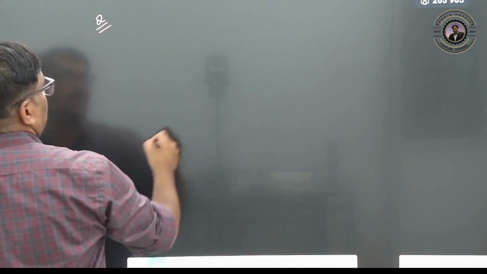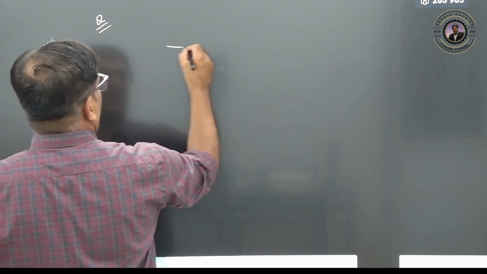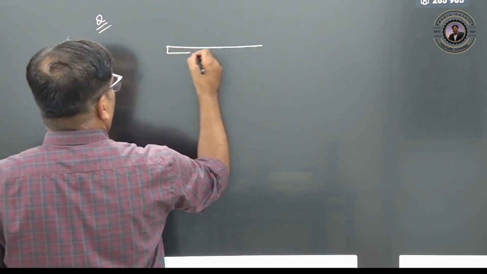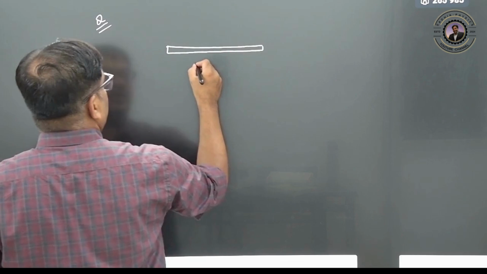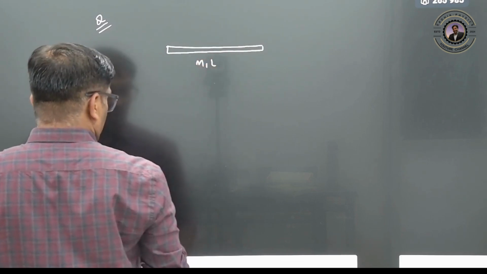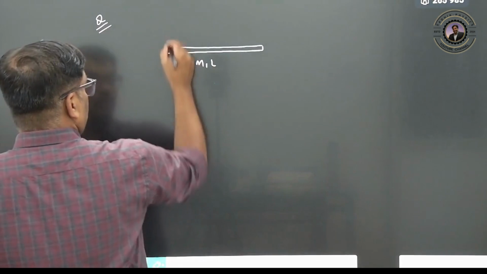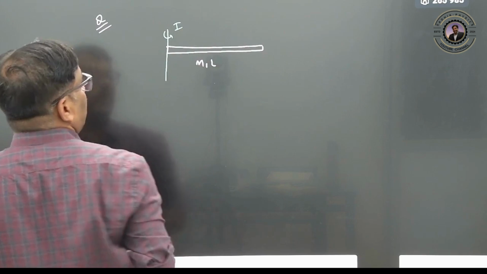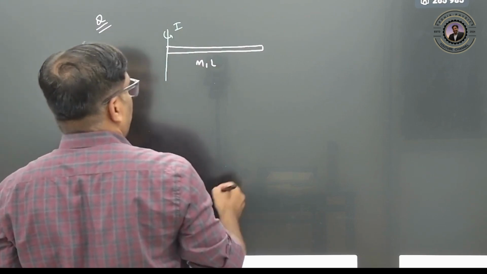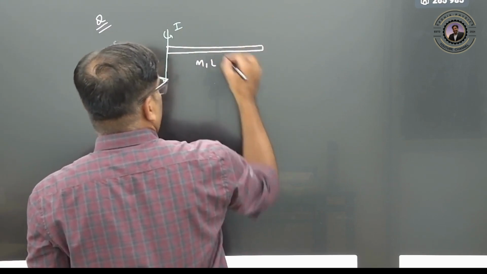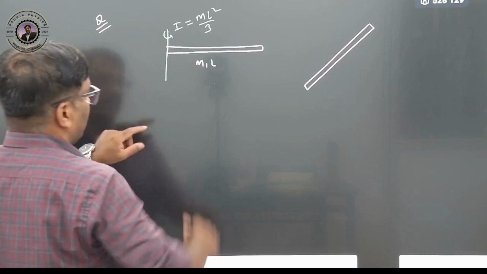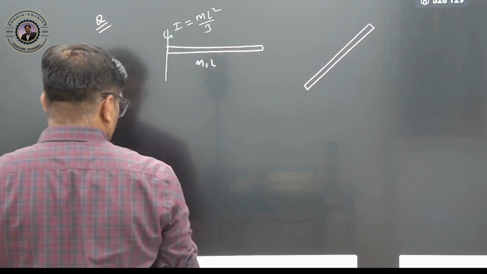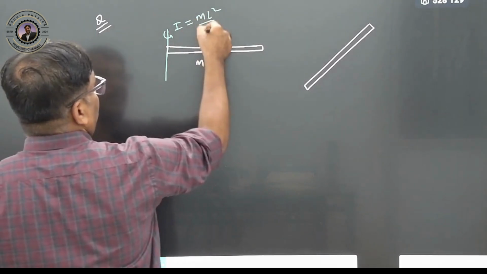Let us see. There is one rod, whose mass is m and length is l, and it is rotating here. Suppose its moment of inertia is I. Now the same rod, here the moment of inertia is I, ml square by 3.